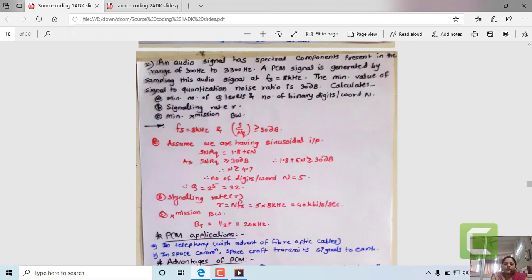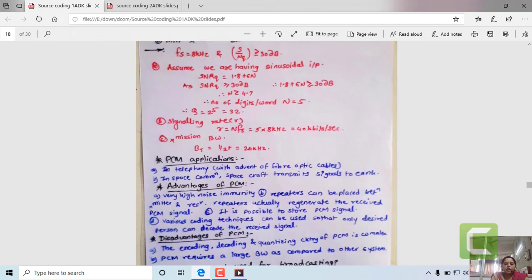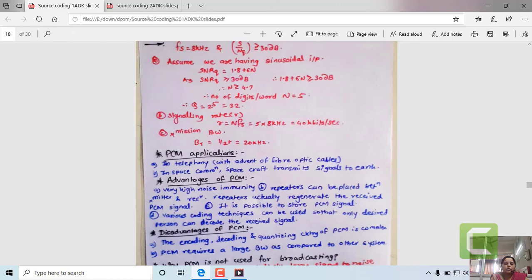As the final content of this lecture, what are the advantages of the PCM system, the disadvantages of the PCM system, and where this PCM system has to be applied. To comment on the advantages, the number of bits per word representation is less, and because of that less noise is introduced into the PCM system. So we can say that this system has higher noise immunity.